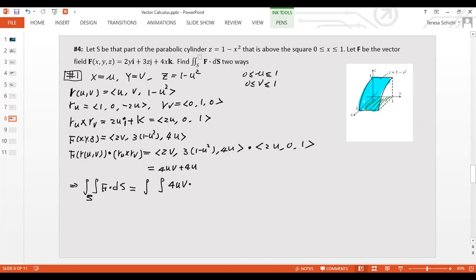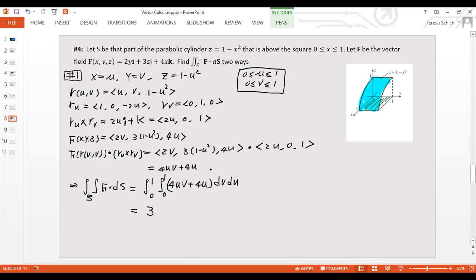We have 4uv plus 4u. Then you can do dv du or du dv. If I say dv du, we also have very good bounds here, 0 to 1 and 0 to 1, which will make our integration pretty easy. So what do you have here? You have this 3 here.